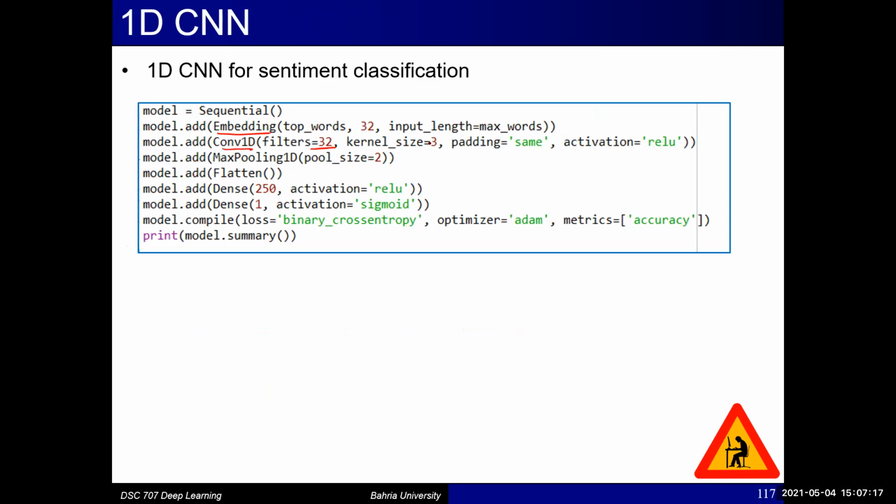You have 32 filters, and since this is 1D convolution, the filter size is only 3. We don't have something like 3 cross 3, because it is one-dimensional convolution. Then you can apply pooling, you can repeat convolution, and eventually we have a fully connected layer. This can also be used for text classification problems, for example sentiment classification, where rather than directly feeding the text, you include convolution in your textual data.